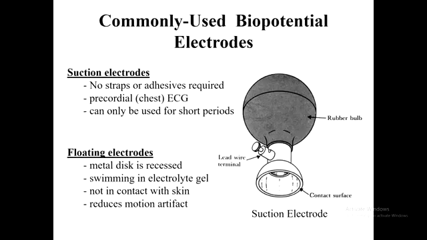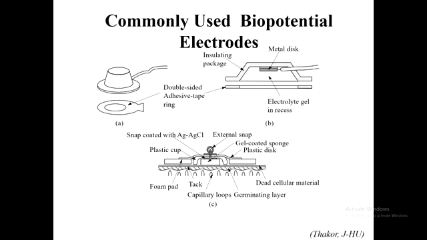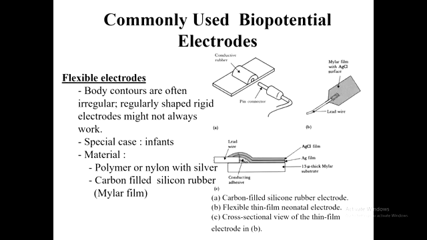And the suction type of fixing arrangement, just with a bulb that you squeeze, put it on, let the bulb go, and it holds itself on. Often used for chest electrodes, as mentioned here. Same story here, roughly, with the silver chloride disc electrodes.